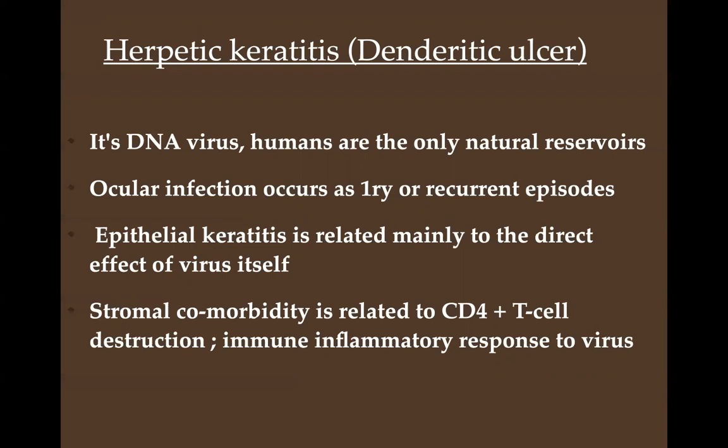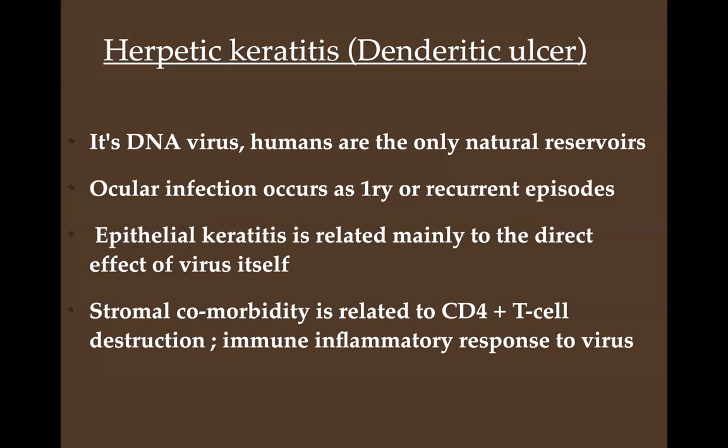Epithelial keratitis is related mainly to the direct effect of the virus itself. This means the reaction of the epithelial cells to the virus antigens or virus toxins, and the reaction of the virus inside the cells, leads to epithelial changes or epithelial defects, forming the dendrite. So epithelial keratitis is synonymous with herpetic keratitis, due to the direct effect of the virus itself on these epithelial cells.